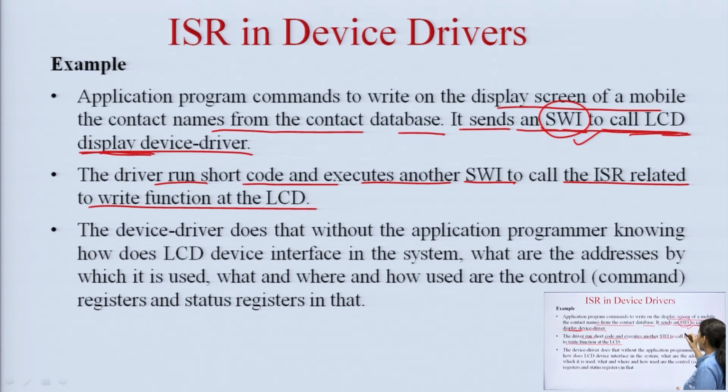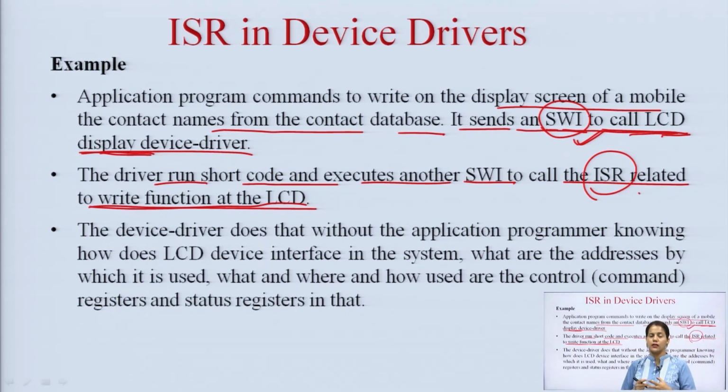So, what is happening is that we gave a call to the LCD, but now the LCD is giving a call to another function, the write function at the LCD. This is the ISR related to the write function. ISR is the interrupt service routine. An interrupt service routine is nothing but a small subprogram which is used to execute a special functionality.